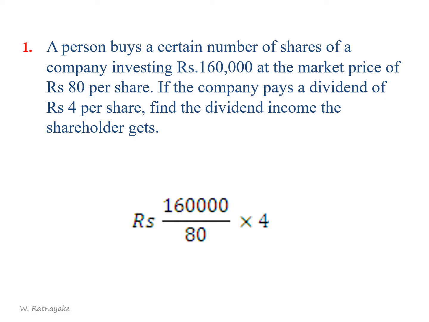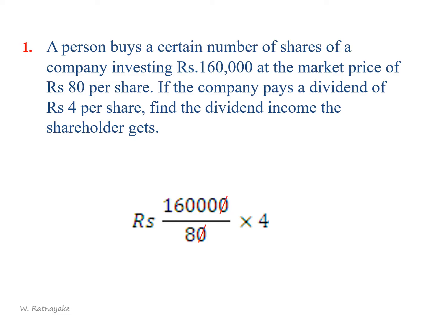Here the common factor for 160,000 and 80 is 10. So we can divide both numbers by 10. 80 divided by 10, we just cut the 0, and the result is 8. And 160,000 divided by 10, again we cut the last 0, and the result is 16,000.